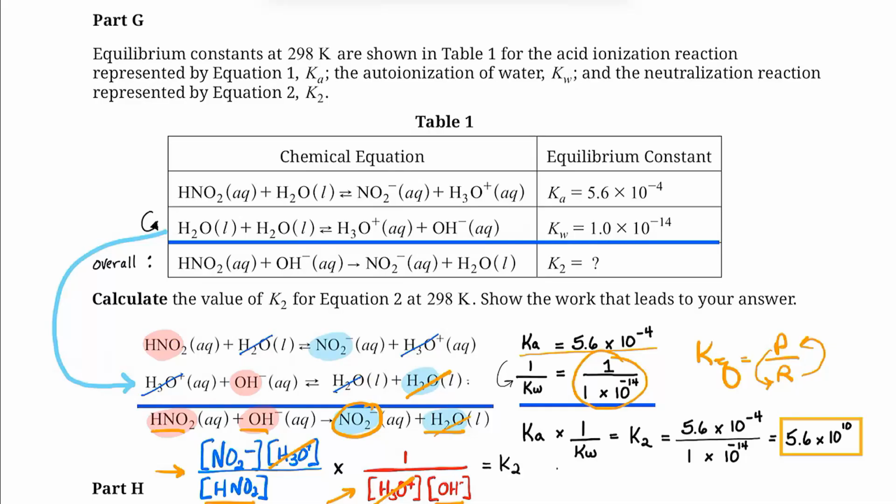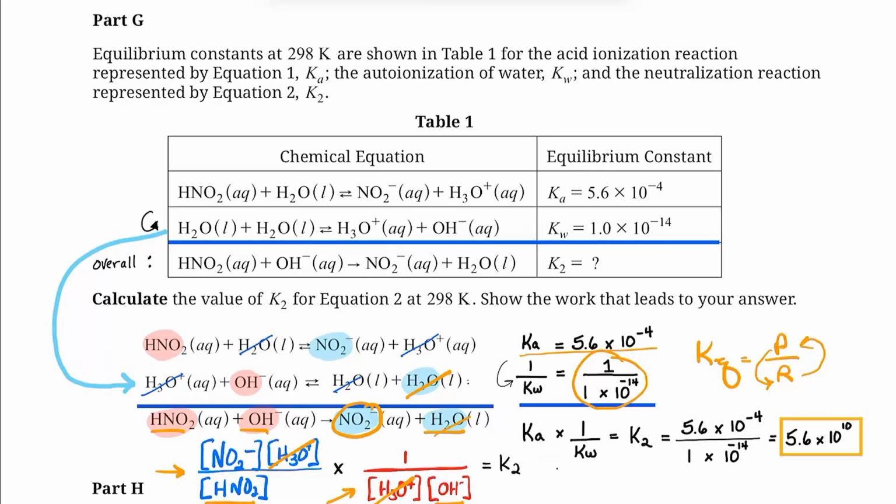So in any case, all we're going to do is take the Ka, which is 5.6 times 10 to the negative 4. We don't change that because I need that reaction as written. I do the inverse of the second. Sometimes in a multiple choice question, they'll just give you the formula. In any case, I plug the values in, you do the math and you get 5.6 times 10 to the 10.